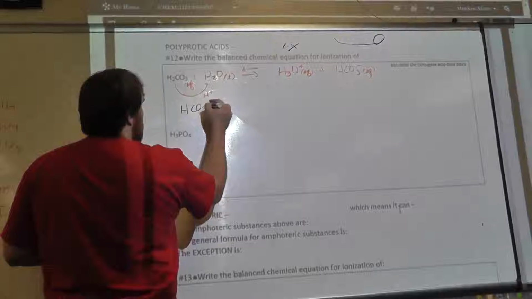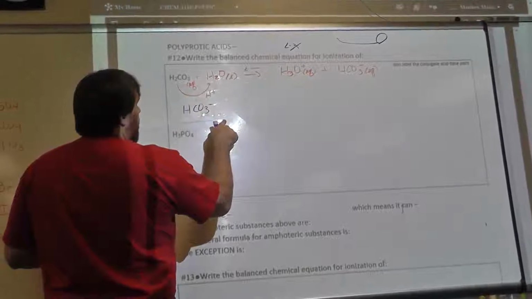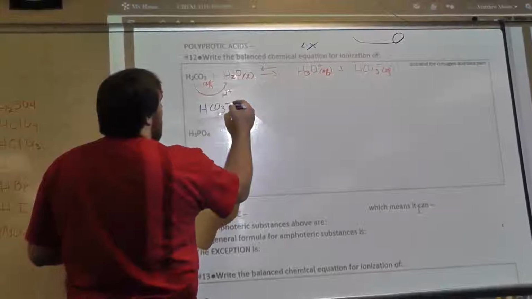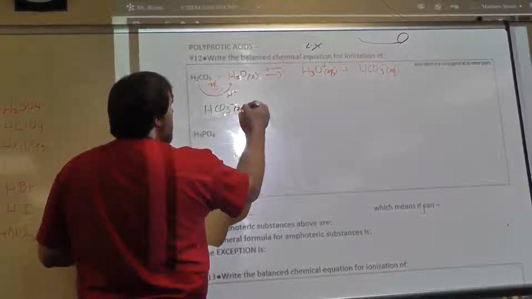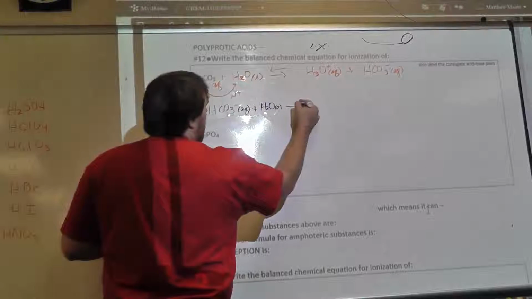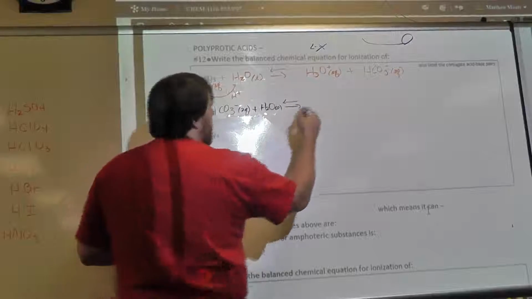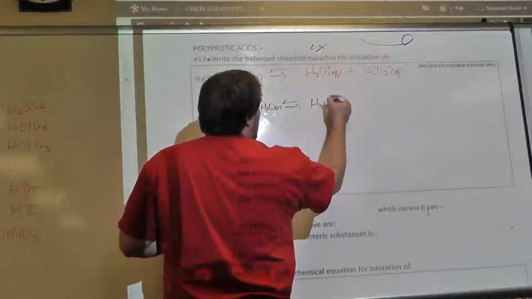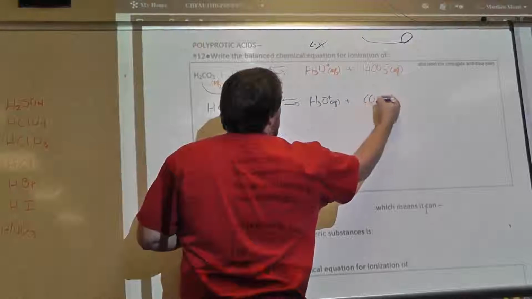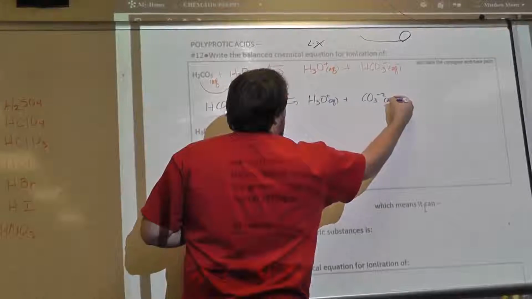So this bicarbonate is going to react with another water molecule, very weak this time. It's going to make a little bit more hydronium and then just a plain carbonate anion.